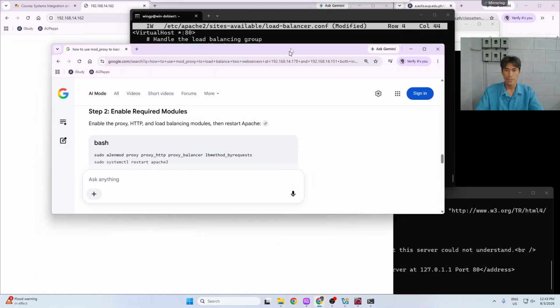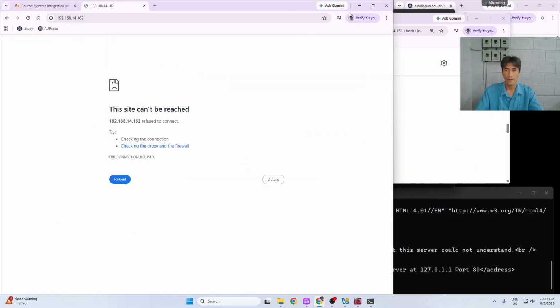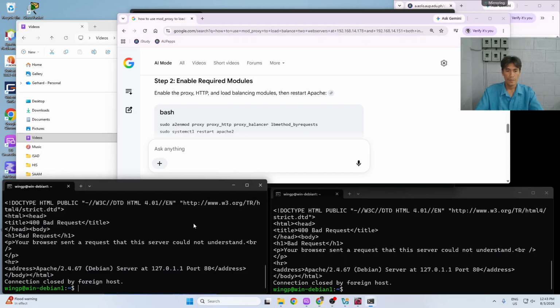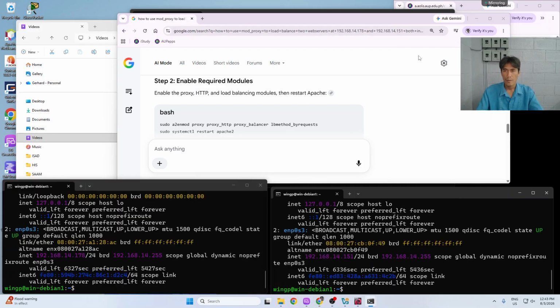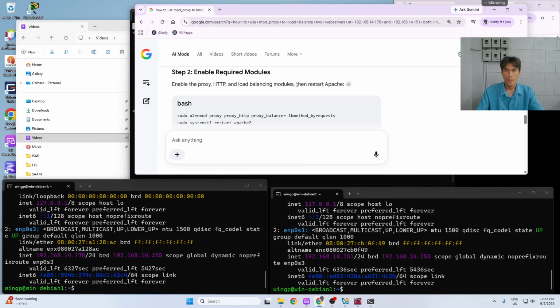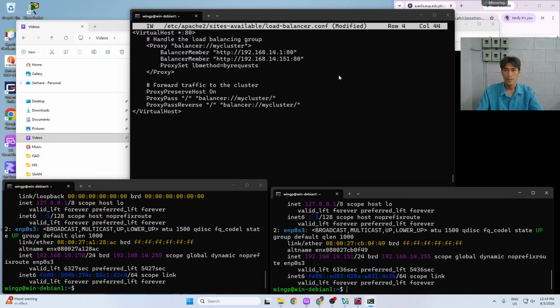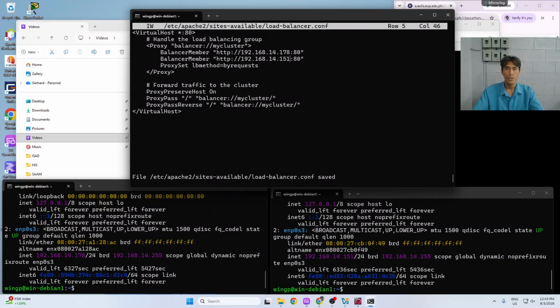Saan yung IP address natin? And then, so ang IP address natin ay 14.178 and 151, port 80.